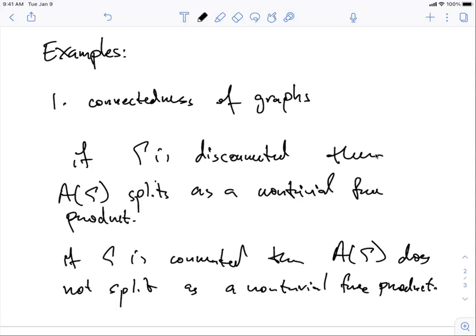Then you can build up the graph inductively, using induction on the number of vertices, and argue that the number of ends of the right-angled Artin group for a connected graph will be either 2 or 1. Therefore the resulting right-angled Artin group will not split as a non-trivial free product. So that's all I'll say about that.